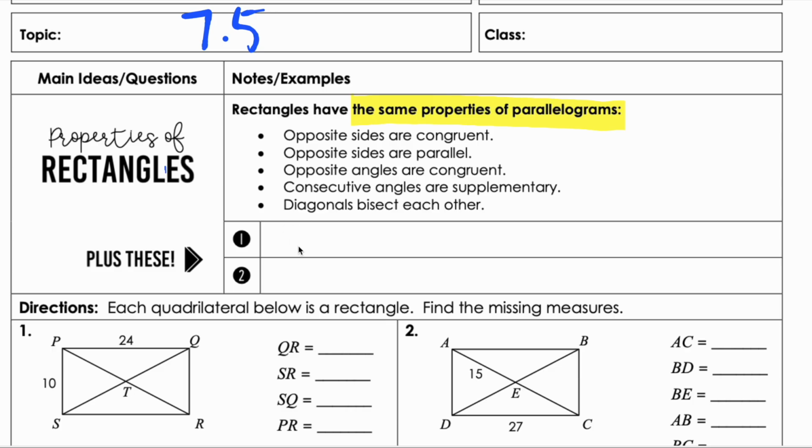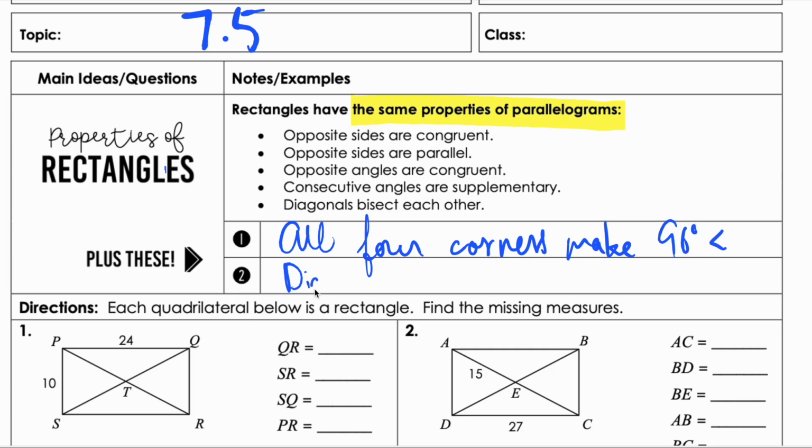The two added properties are that all four corners, I should say, not angles, make a 90-degree angle. Now, the other property is that the diagonals are congruent.